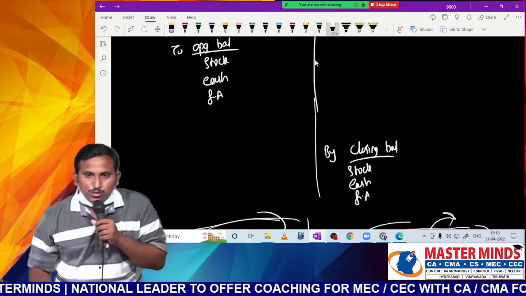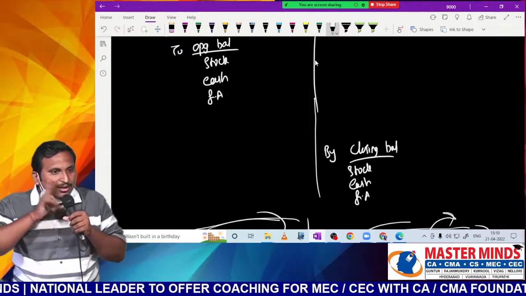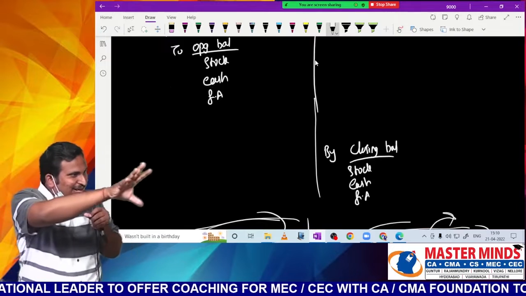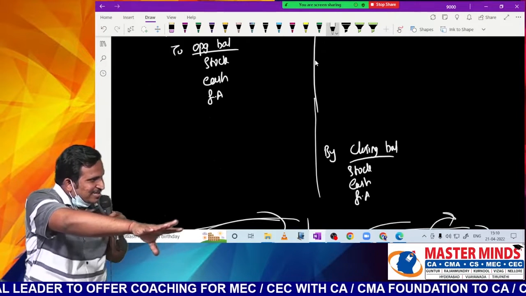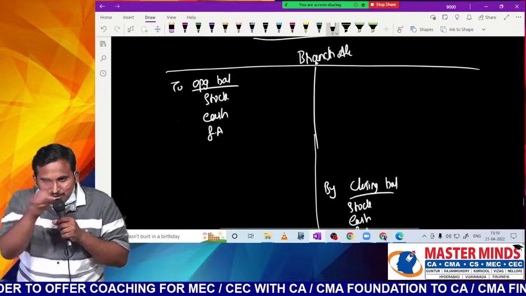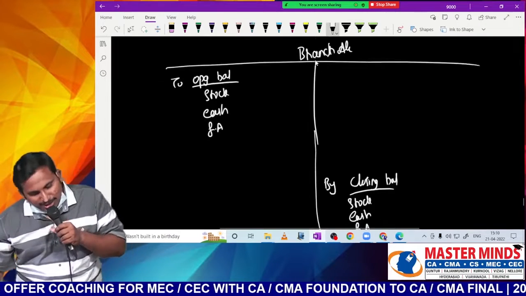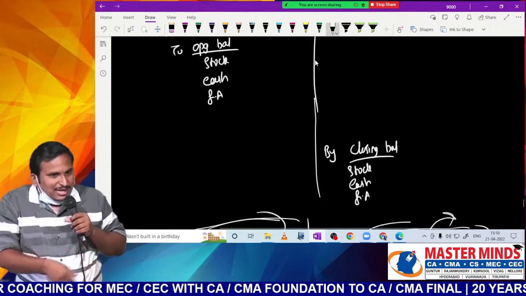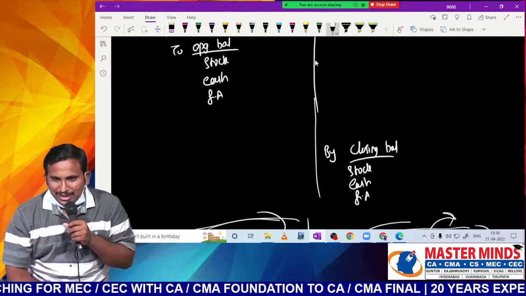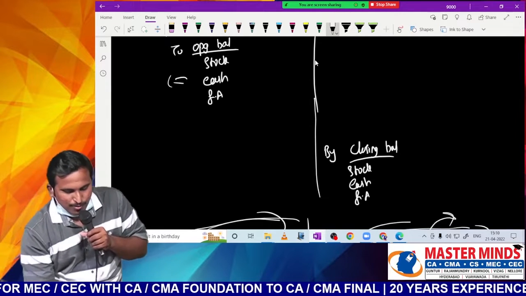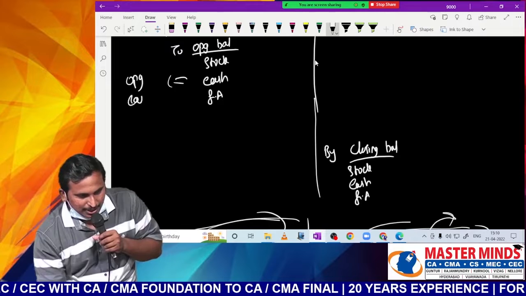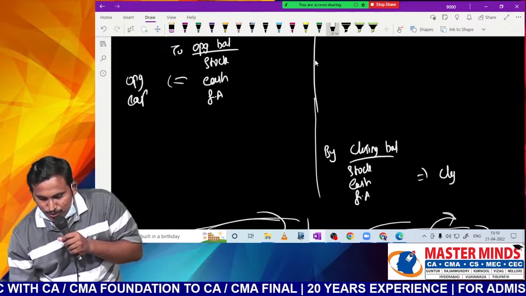This indicates closing capital. In the debtors method, you will write opening balances of various assets and, of course, liabilities, because only net assets we consider. Here also, closing balances, of course liabilities also. So this opening balance I want to call opening capital, and this closing balance I want to call closing capital.